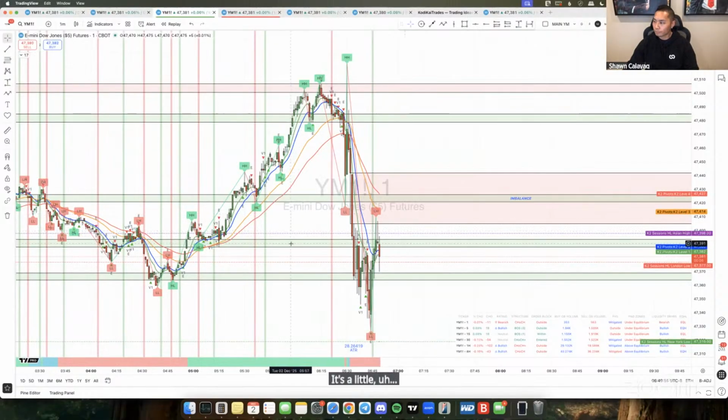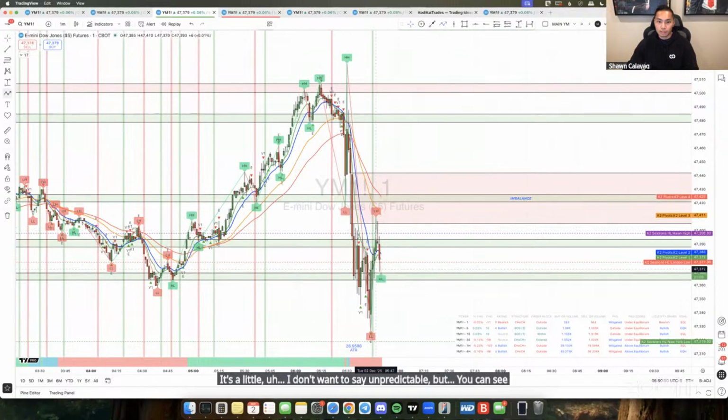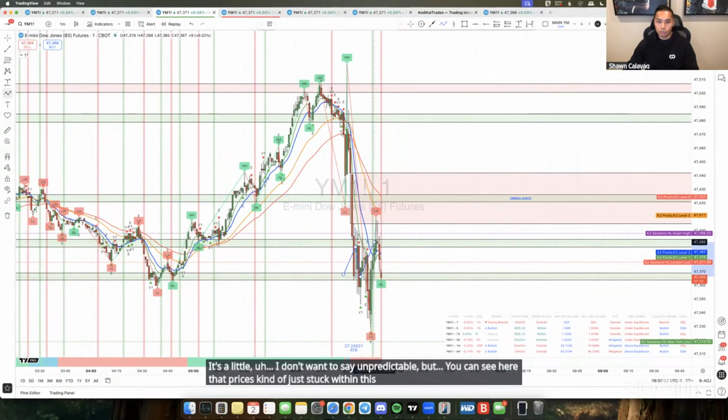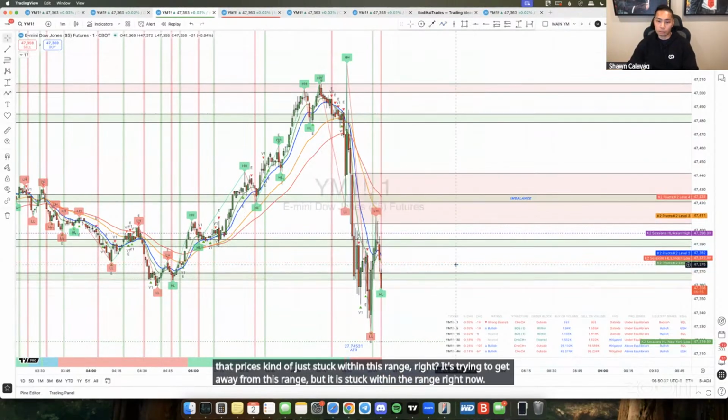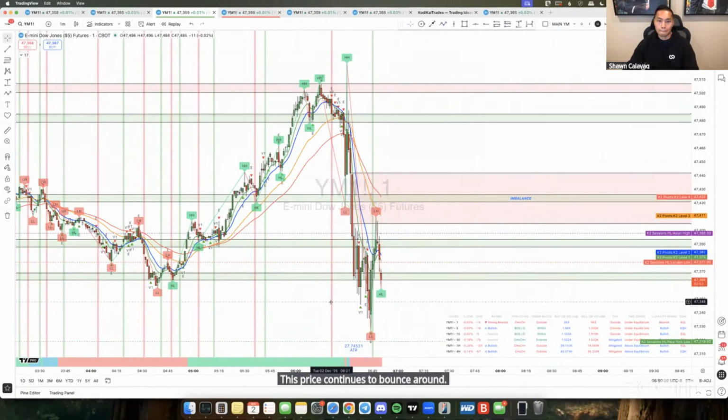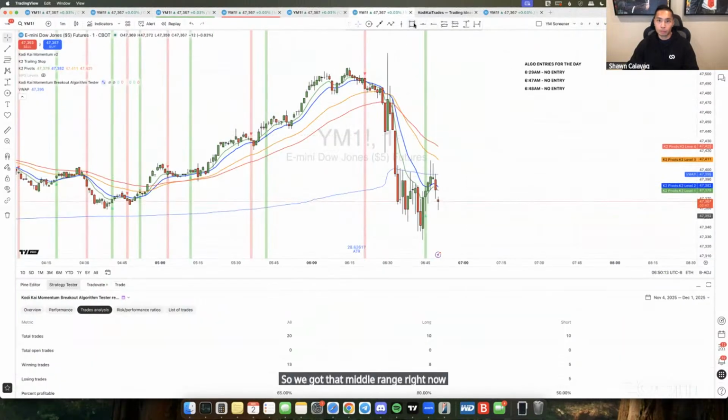I don't want to say unpredictable, but you can see here that price is kind of just stuck within this range, right? It's trying to get away from this range, but it is stuck within the range right now. This price continues to bounce around. So we got that middle range right now for the most part. Let me go and mark up some structure here.